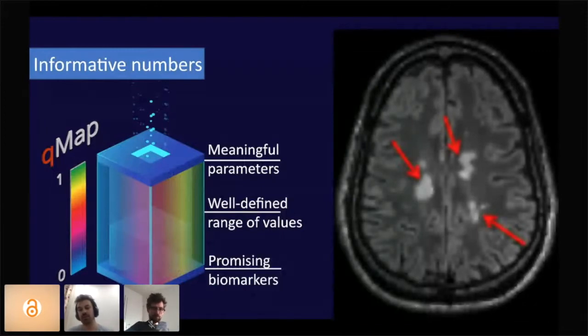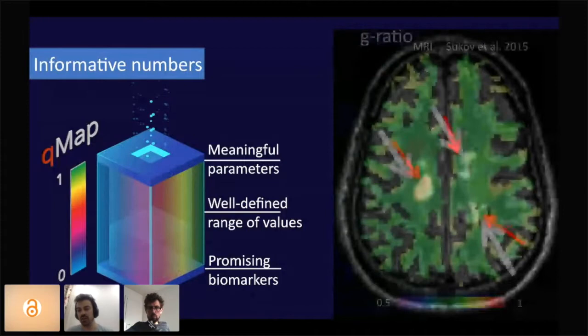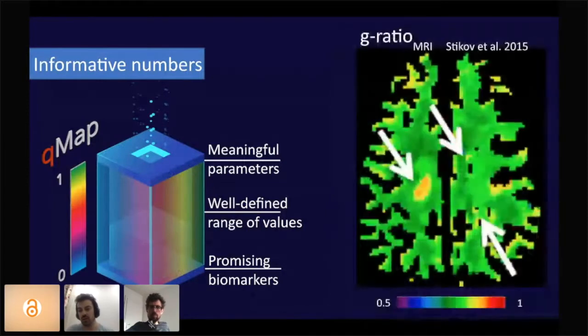So if you remember this FLAIR image, we said that there are 3 lesions. But if we look at the G ratio MRI of the same image, we only see one of these 3 lesions as visible. And in many of the white matter voxels the value is around 0.7, which is known to be the range for healthy subjects.